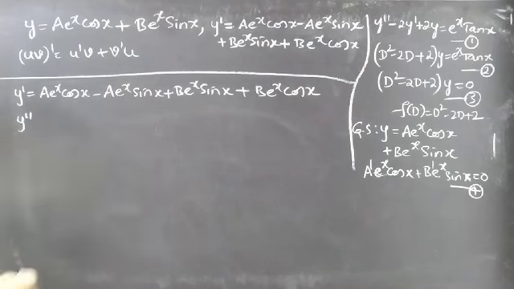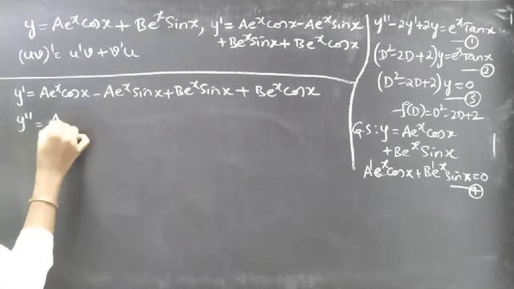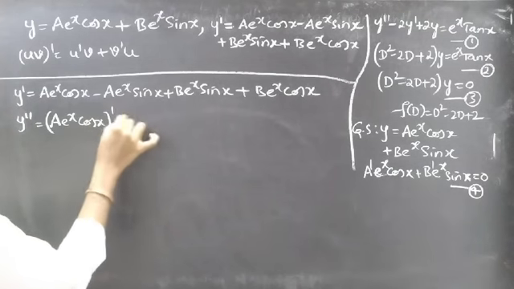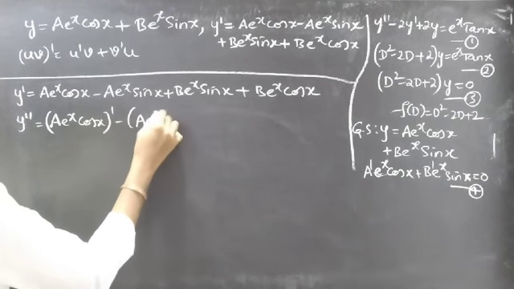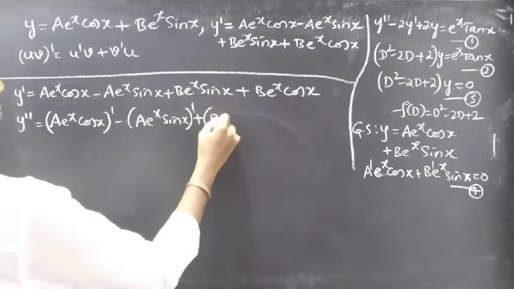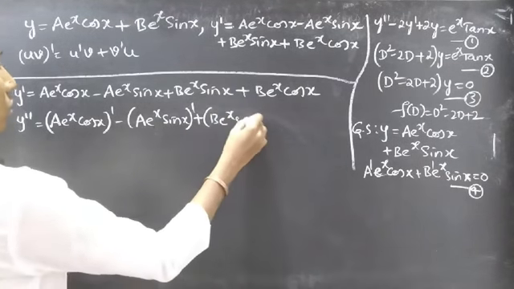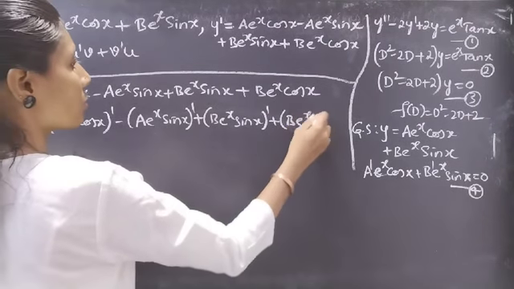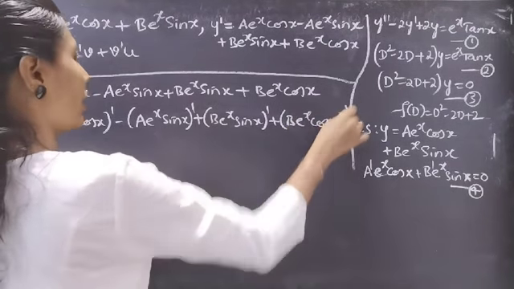Now we are going to find y''. This is equal to (a e^x cos x)' - (a e^x sin x)' + (b e^x sin x)' + (b e^x cos x)'.